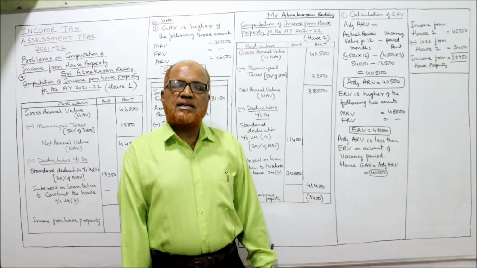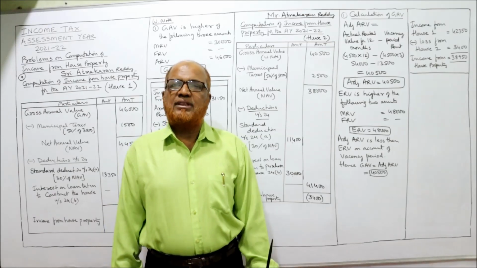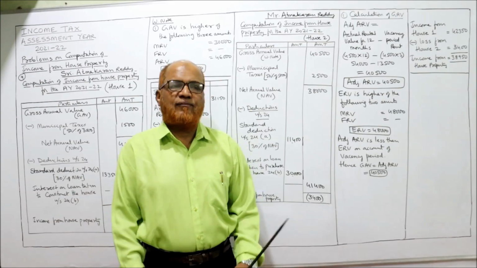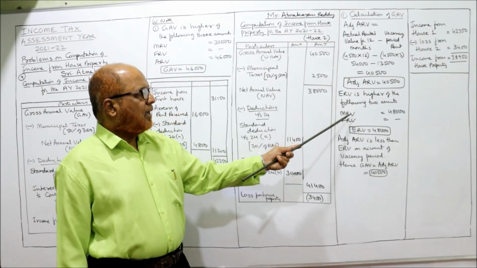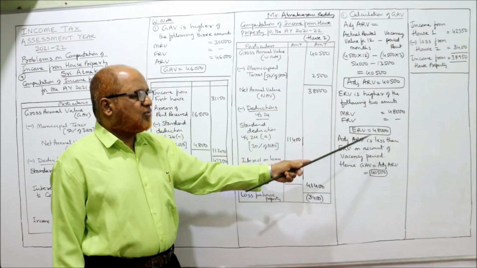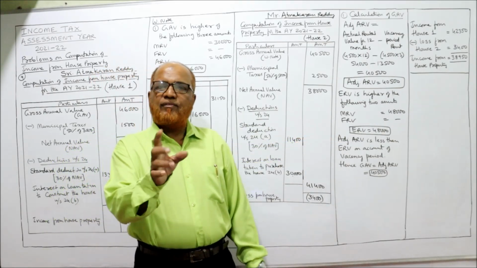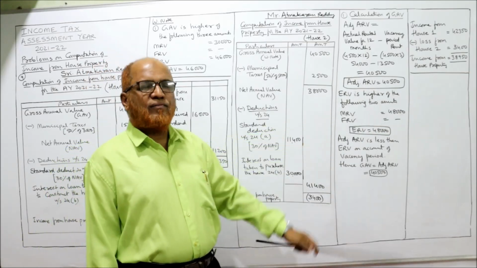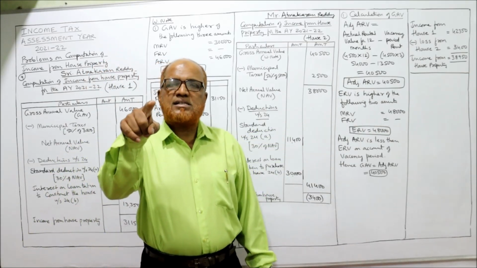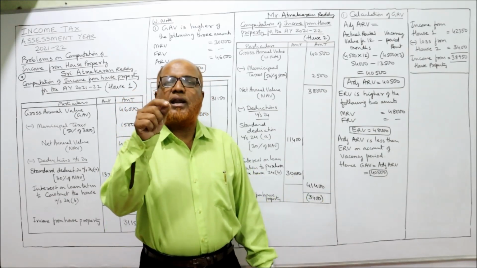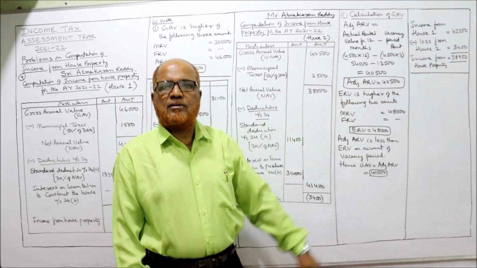Now this adjusted ARV will be compared with the ERV. ERV is the higher of the following two: MRV and FRV. MRV 48,000 is given, FRV is not given. The higher is 48,000, so ERV is 48,000. Adjusted ARV is 40,500. This adjusted ARV is less than ERV on account of the vacancy period.